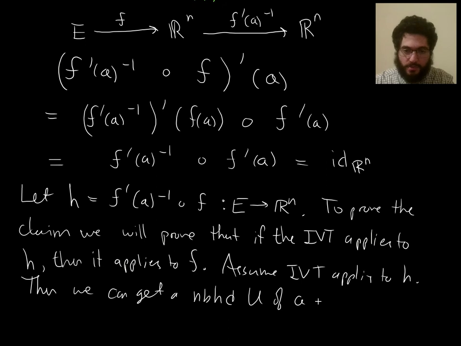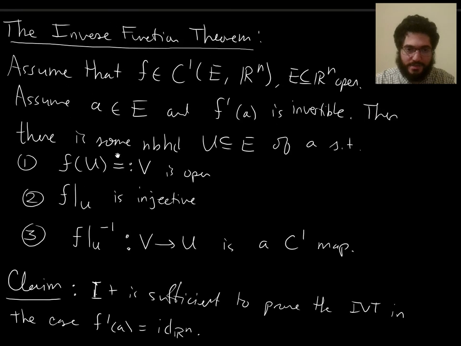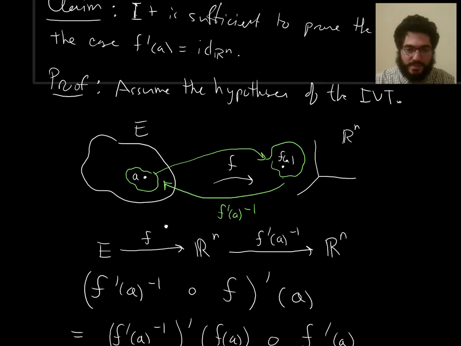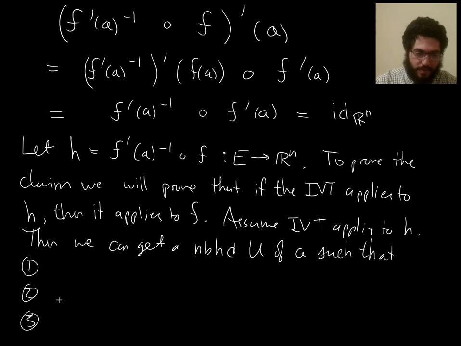So we can get a neighborhood U of A such that those three things happen way up in the statement of the inverse function theorem, except for H. So 1, 2, 3. The important one here, 2, is H restricted to U is injective.